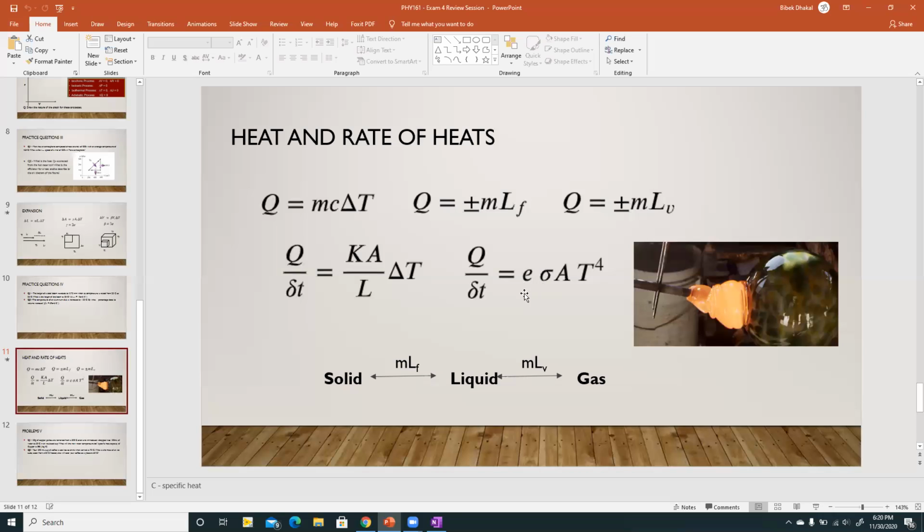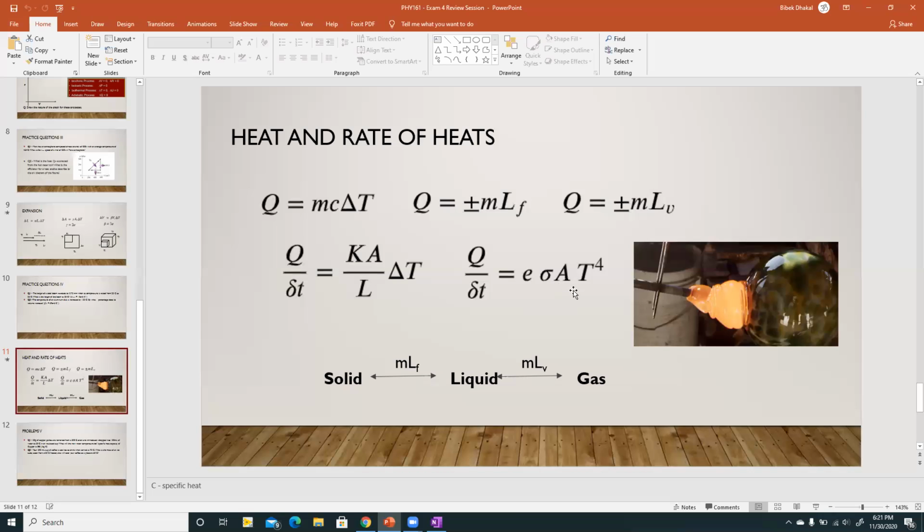Usually its value is very small. And this sigma is the Stefan's constant, which will also be given to you. That is 5.67 times 10 to the negative 8 joule per second per meter squared per Kelvin to the power 4. That's the unit for the Stefan constant.